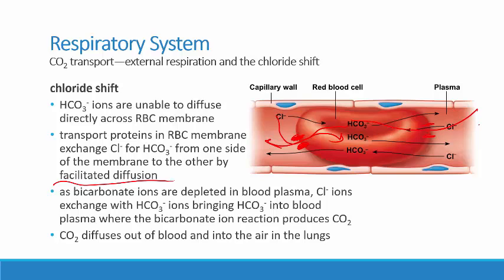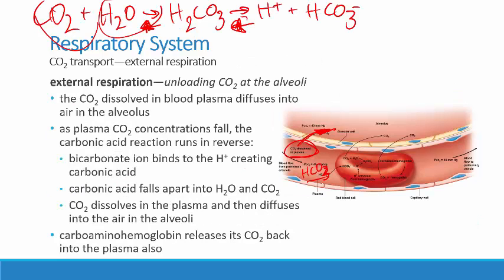As the chloride shift occurs, we now have more bicarbonate ion dissolved in the blood plasma. Now you might ask yourself, why can't the bicarbonate ion just move right on out? It's not allowed to. Ions don't move out very easily. But if we can do the chloride shift and send out bicarbonate ions and run this reaction in reverse, then we can send CO2 out.